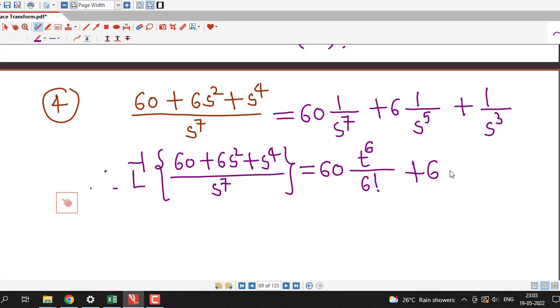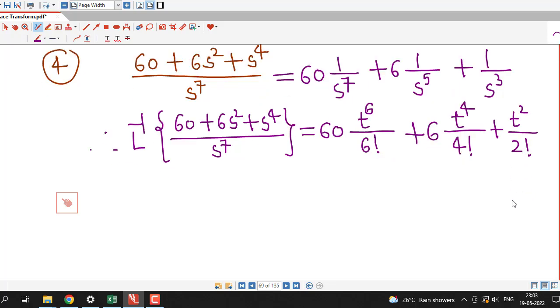Similarly, 6 times 1 over s raised to 5. So if we have 5, we write 5 minus 1, that is 4, divided by 4 factorial, plus here we have n equal to 3. So this is t raised to 2 divided by 2 factorial.